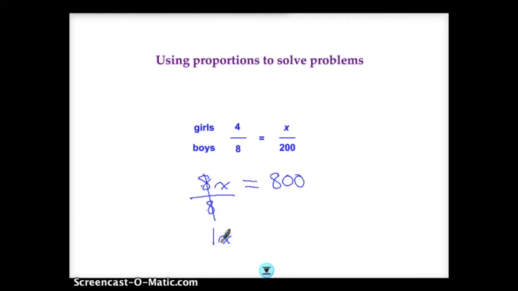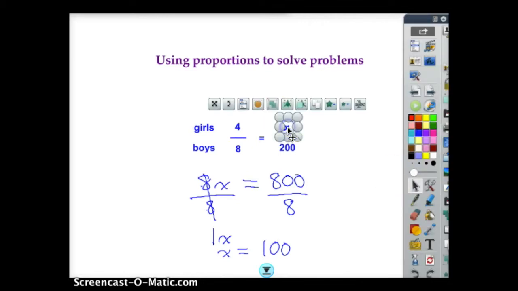And we know that 1 times x is simply x. So that's nice. But when I'm working with equations, I always have to treat both sides of the equation equally. And so not only will I divide 8x by 8, but I'll divide 800 by 8. 800 divided by 8 is 100. And what I'm left with is a nice simple answer that x equals 100.